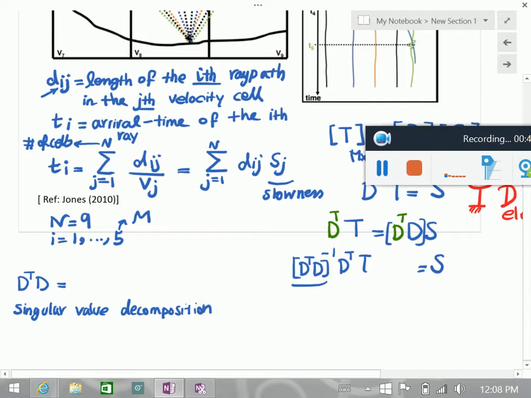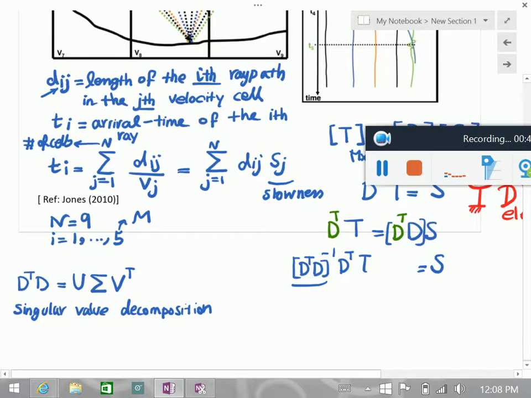So any matrix like that can be decomposed into 3 matrices.